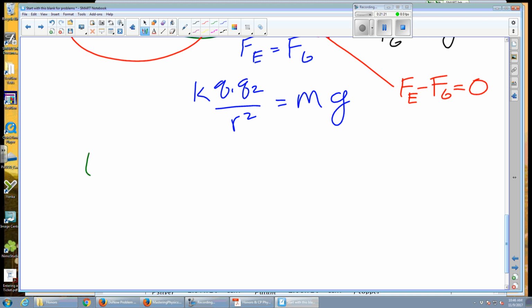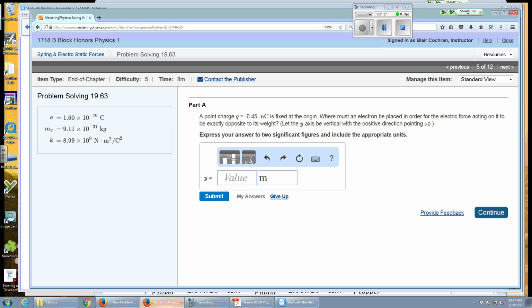k I know is 8.99 times 10 to the 9th newton meters squared per coulomb squared. My q, I'm going to call the originating one to be this q. They tell me it has 0.45 nanocoulombs of charge, the little n in front of the coulomb.